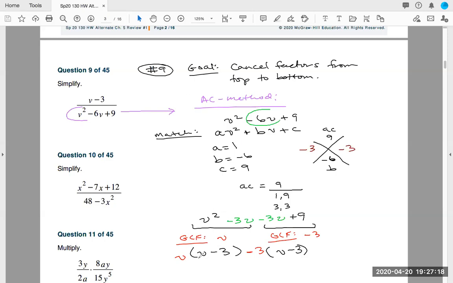Again, these terms should match. And then that becomes your new GCF. Factor that out.